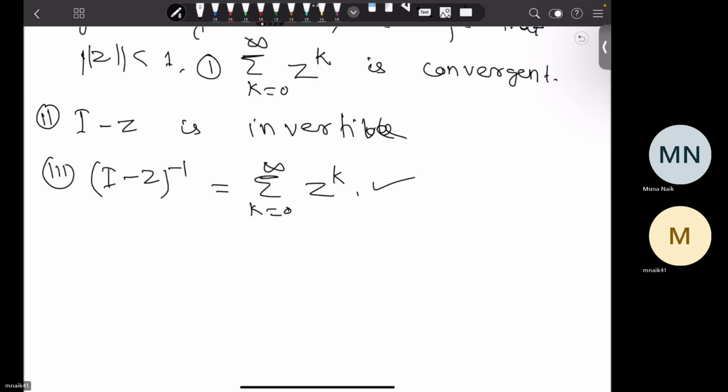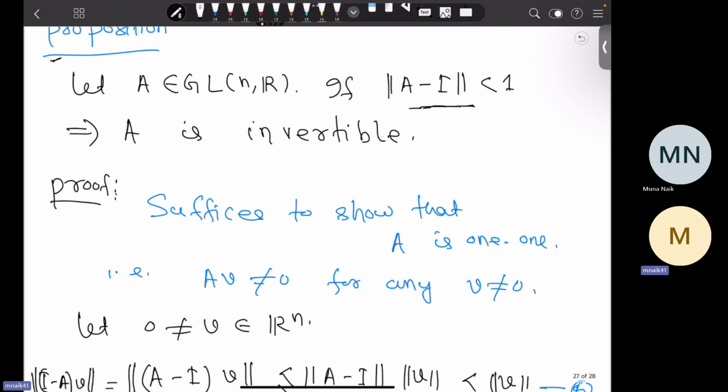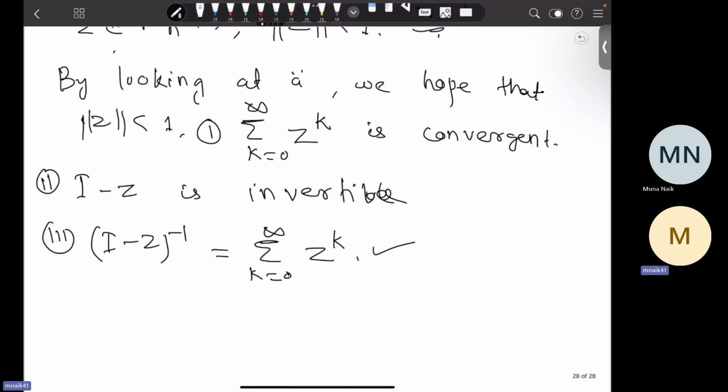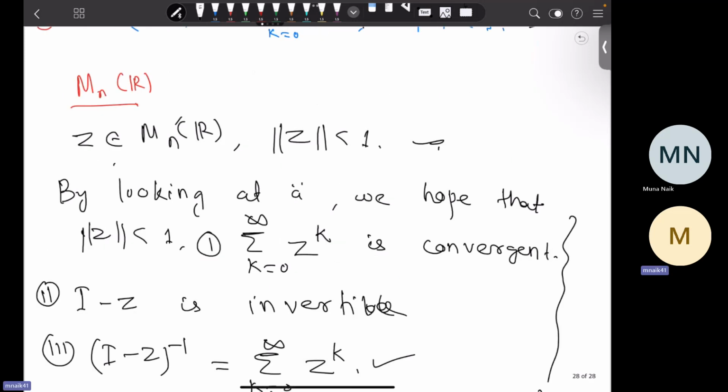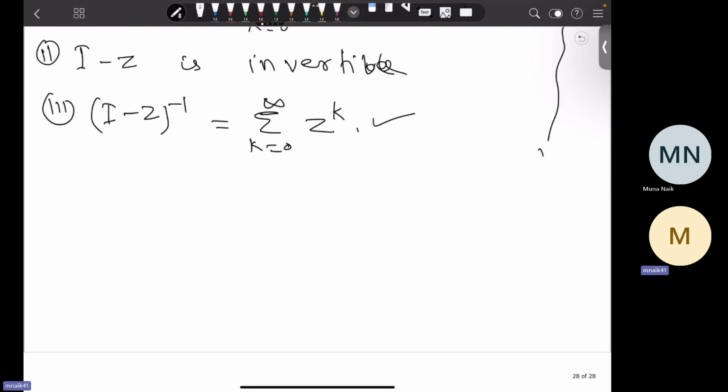So how will this help? Remember, our goal is to prove this proposition. Suppose this is true; in fact it is true. So how will this help in our proposition? In our proposition, we simply put Z equal to I minus A, because it is given that the norm of I minus A is less than 1.